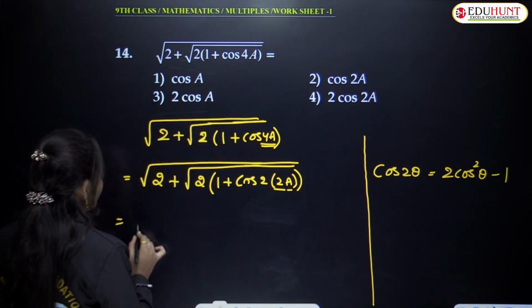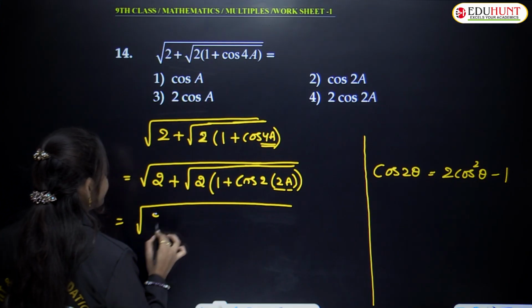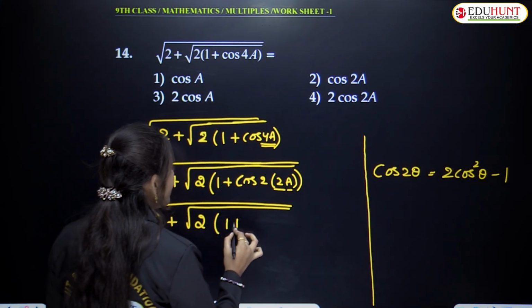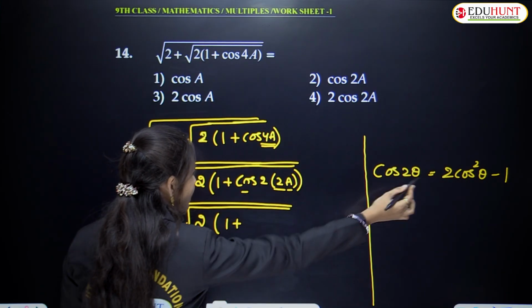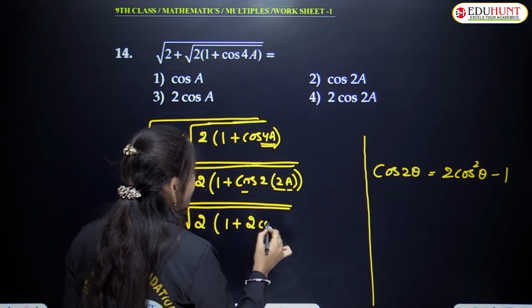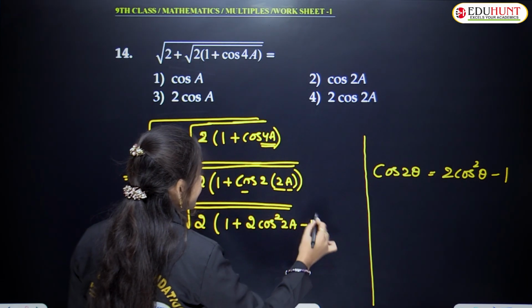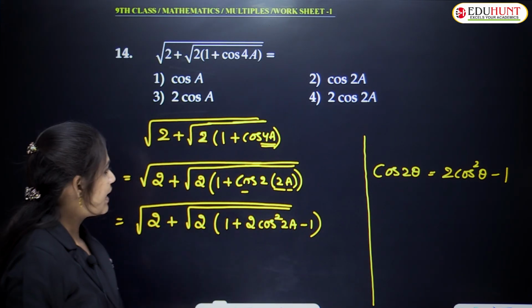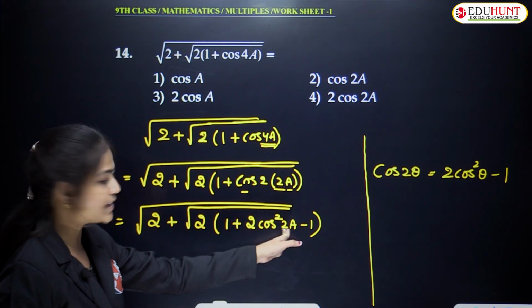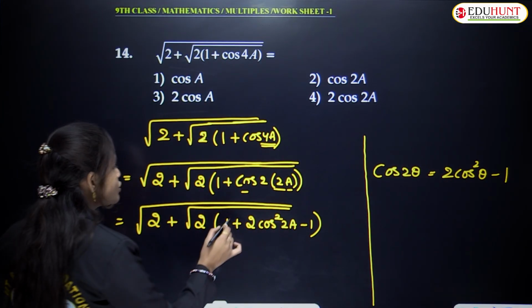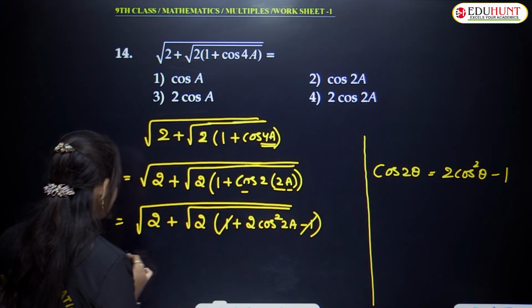See, square root of 2 plus square root of 2 into 1 plus, at the place of cos 2 theta, what do we have to write? 2 cos square theta minus 1, where theta means 2a. At the place of theta, 2a is there, no? So 2 cos square 2a minus 1. Clear? So plus 1 and minus 1 get cancelled.